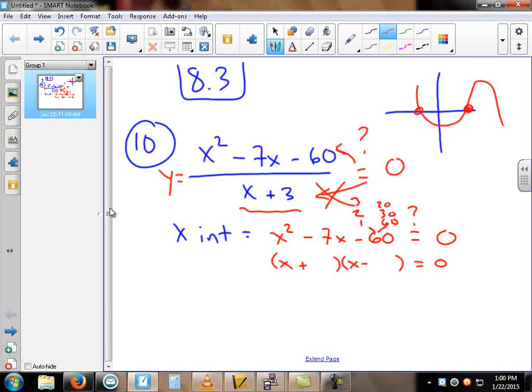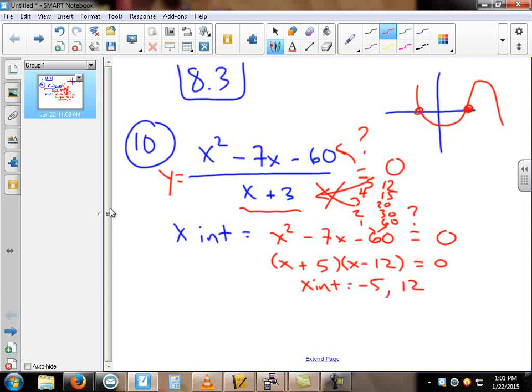I'm looking for a difference of 7, so none of those. 4 and 15. No, 5 and 12. And 5 and 12 is going to work for me here. I want the 12 to be negative and the 5 to be positive. So that means there's going to be an x-intercept at negative 5 and positive 12.